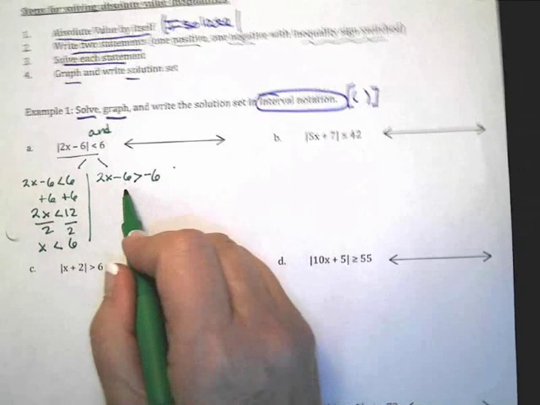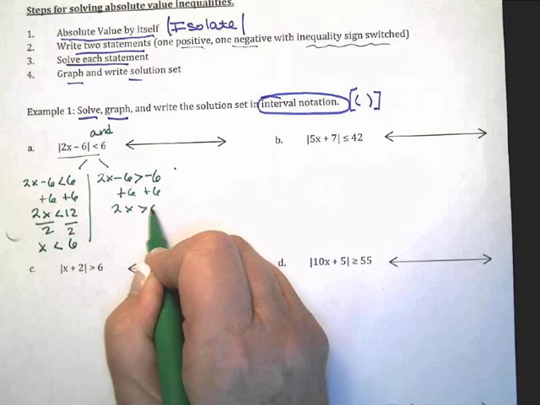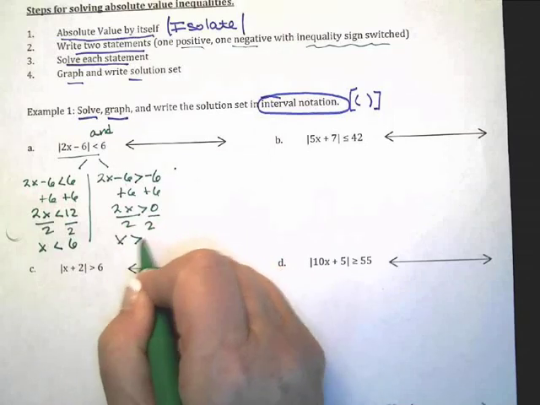On our second inequality, adding 6 to both sides and dividing 0 by 2, we get x is greater than 0.